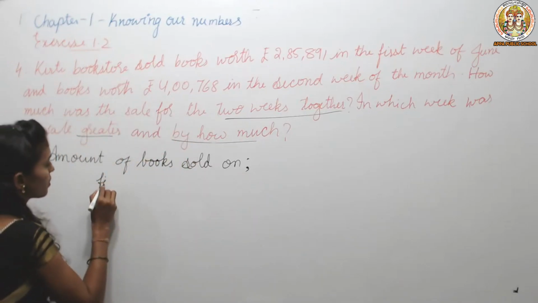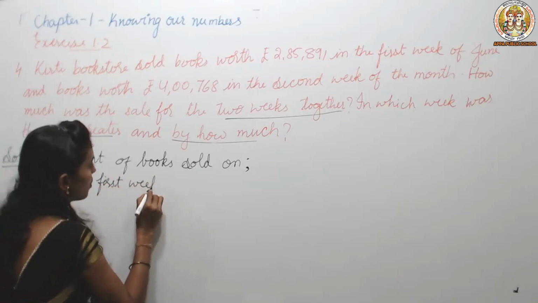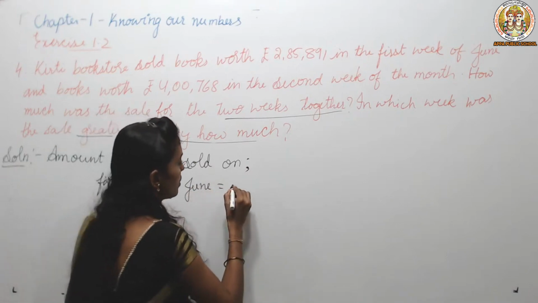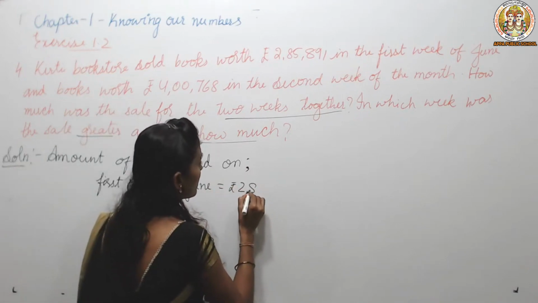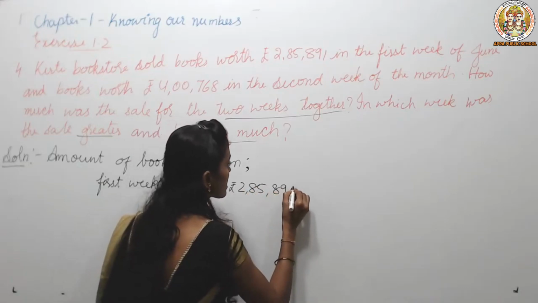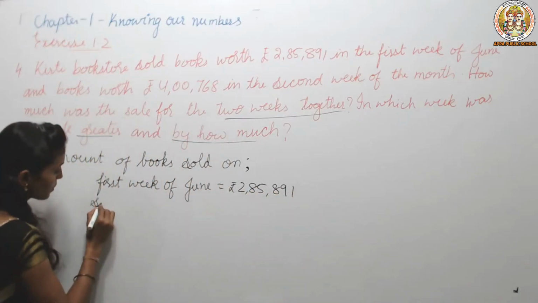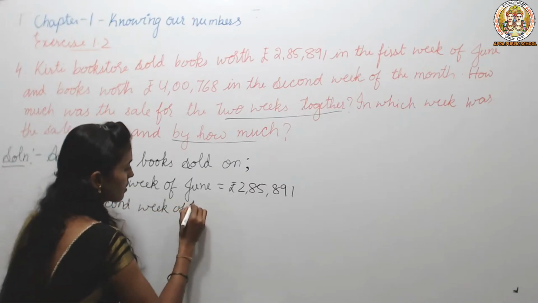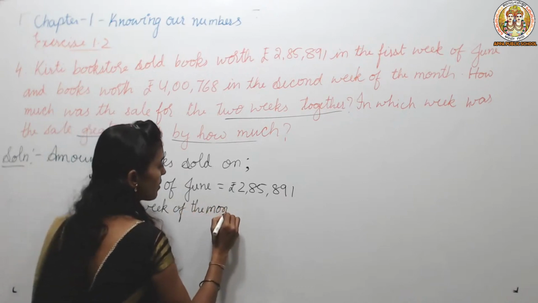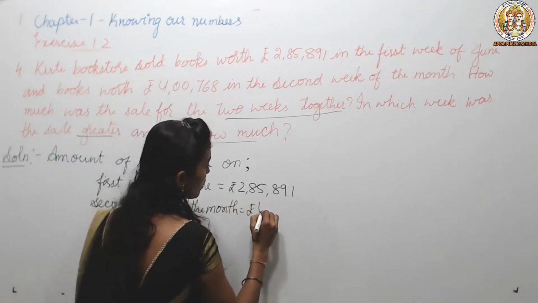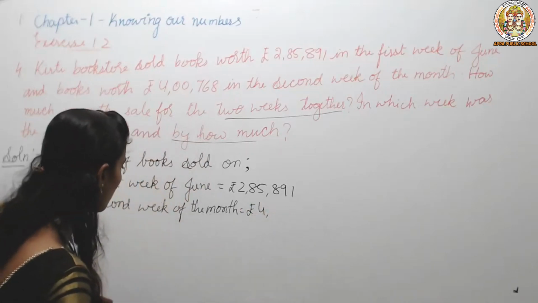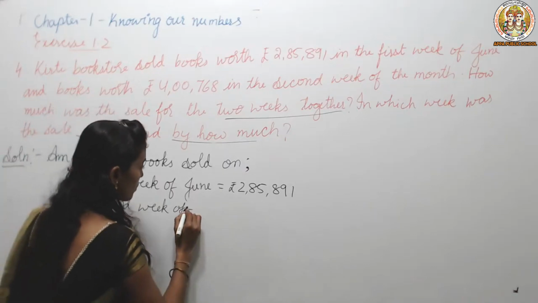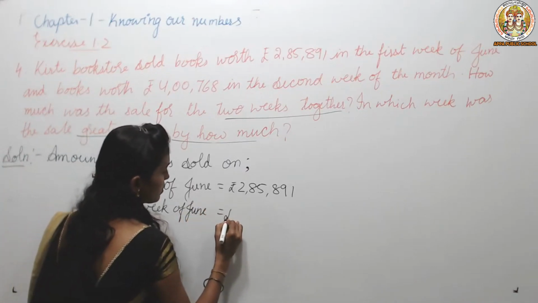On the first week of June is rupees 2,85,891, and in the second week of the month, the same June month, is 4 lakh. In the second week of the month is rupees 4,768.